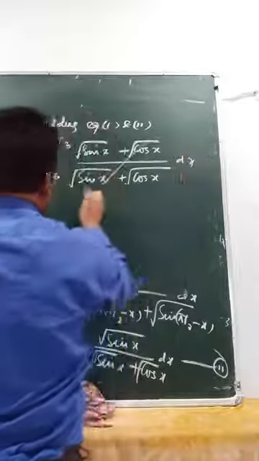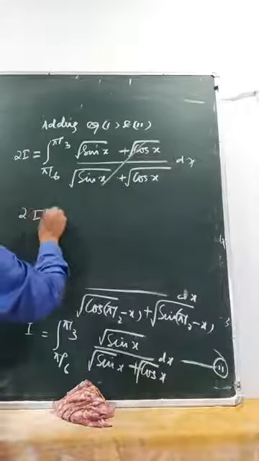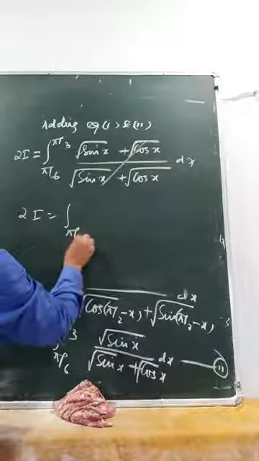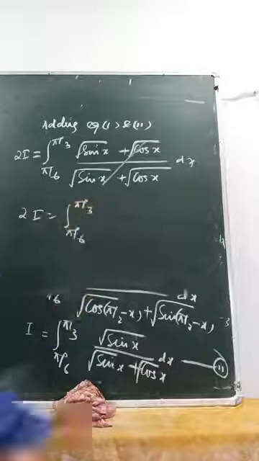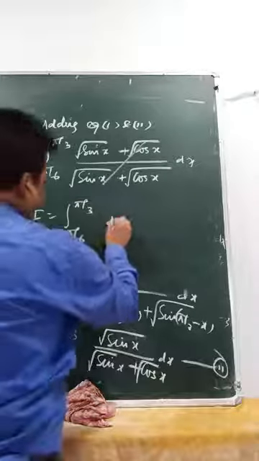Gets cancelled. 2I equals integral from pi/6 to pi/3 of dx.